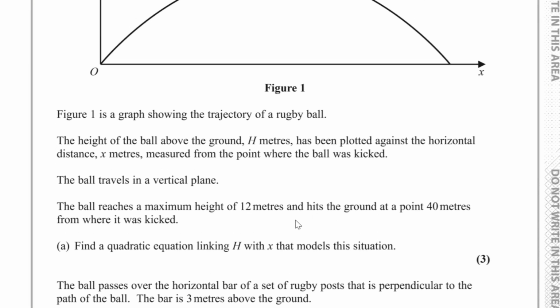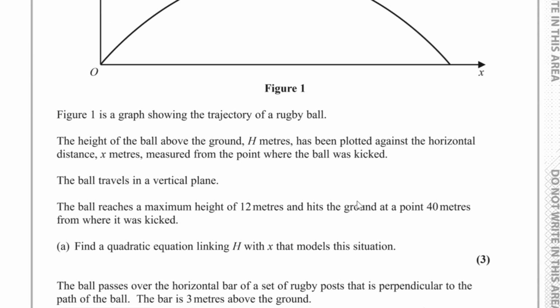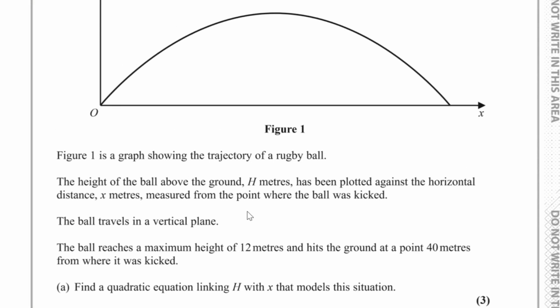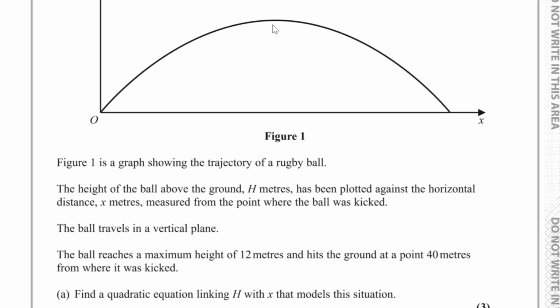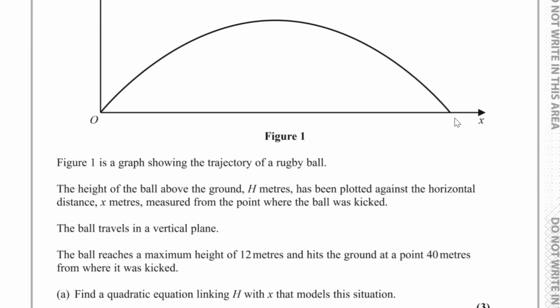We know so far that it reaches a maximum height of 12 meters over here and it hits the ground again 40 meters from where it was hit. So here, if I was to add on the coordinates, I've got 40 across, 0 up here.